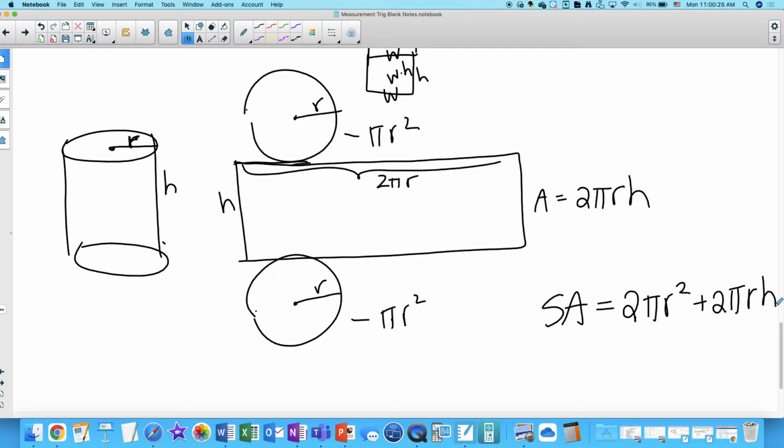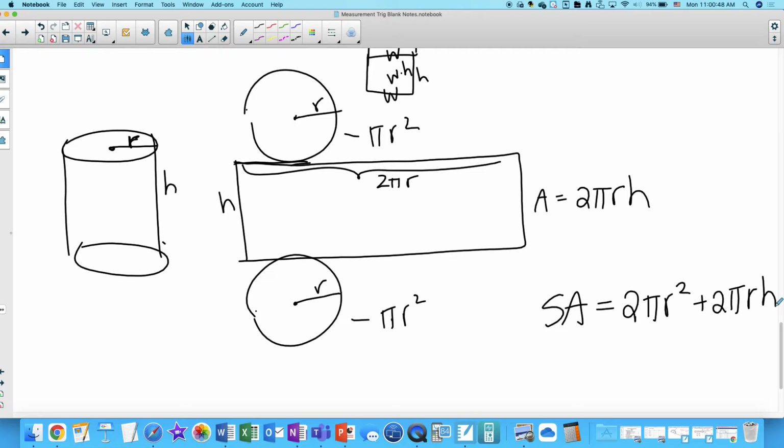There's also something on your formula sheet, some of you have it out. You'll see surface area, for example, equals 2 length times width plus 2 length times height plus 2 width times height. And then you have something called LA. LA stands for lateral area. The lateral area is where you take off the bases.